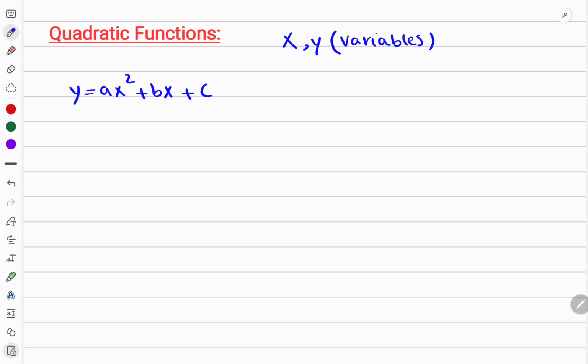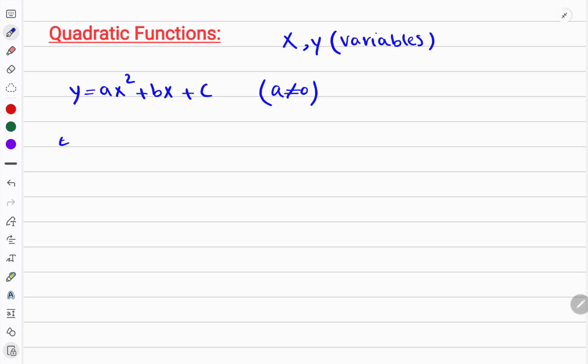And as I said, x and y are variables and a, b, and c represent constants with a not equal to 0. Why? Because if a is 0, ax squared would be 0 and it is eliminated. So we are only left with y equals bx plus c, which is not a quadratic function, it is a linear equation.